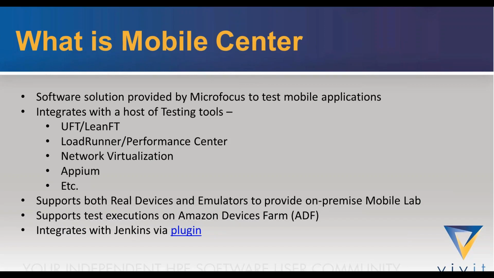It also integrates via plugin to Jenkins. If you have a defined DevOps environment and pipeline, and you can do an automated build and deploy, and if you have a well-defined automated test suite, you can kick it off from Jenkins using a plugin.